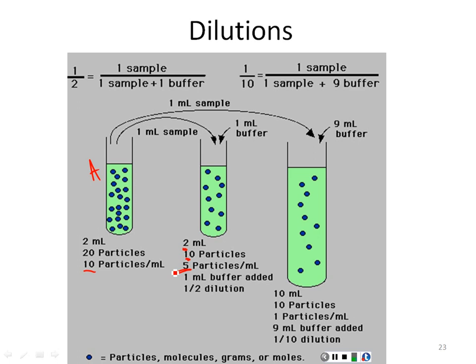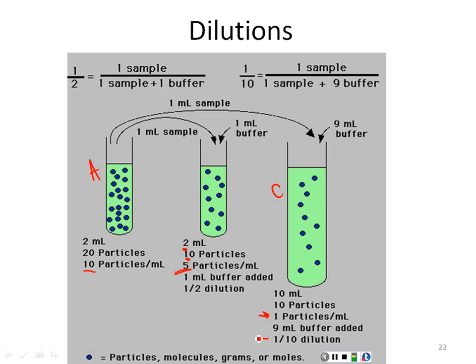We're diluting it by 1/2. And you can do the same thing if you look at test tube C. If you took 1 milliliter again of our concentrated solution and added 9 milliliters of solution that doesn't have any particles, our concentration would then be 1 particle per mil, and it's a 1 to 10 dilution.